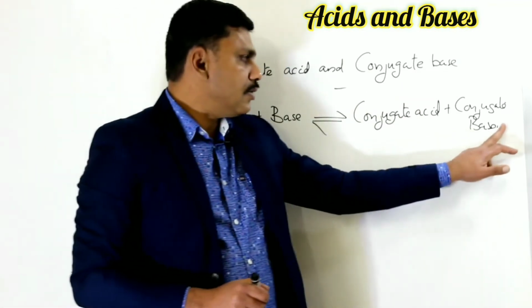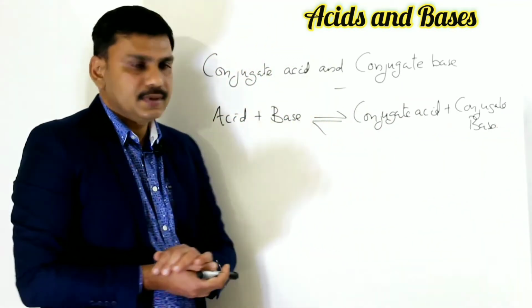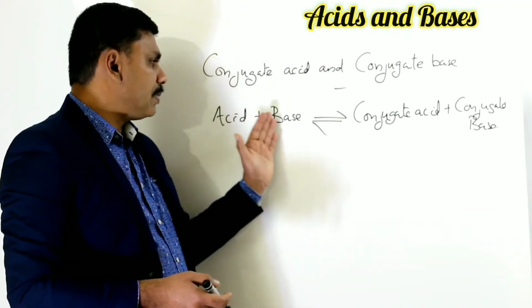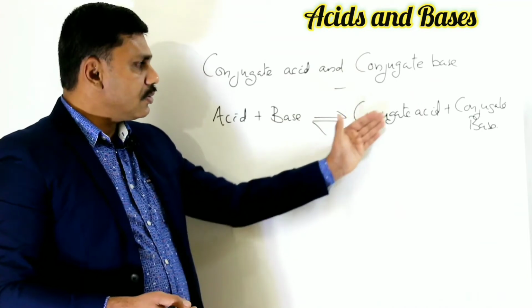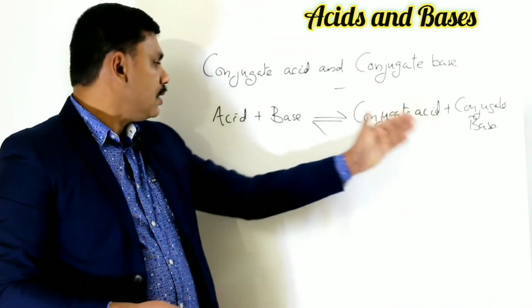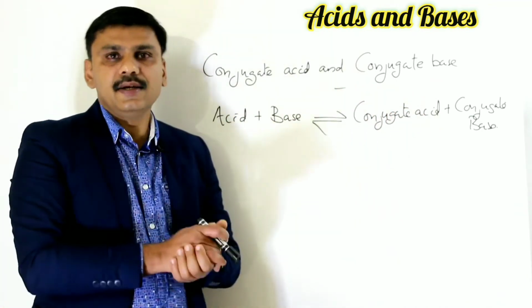So this is a forward and reverse reaction. In the forward reaction, acid and base give conjugate acid and conjugate base. In the reverse reaction, conjugate acid and conjugate base give acid and base again.